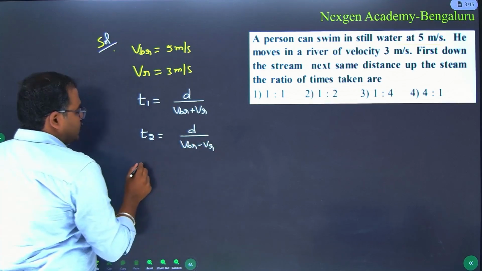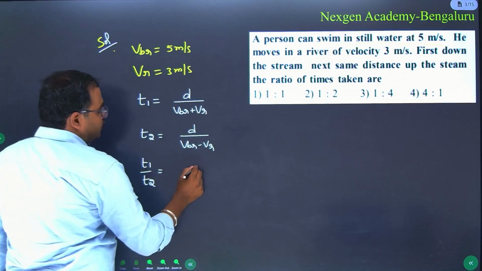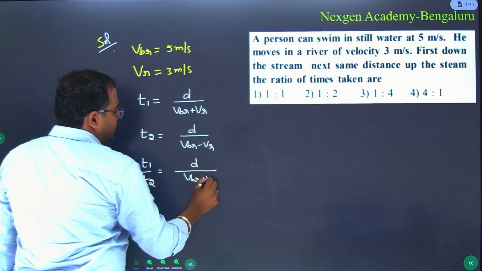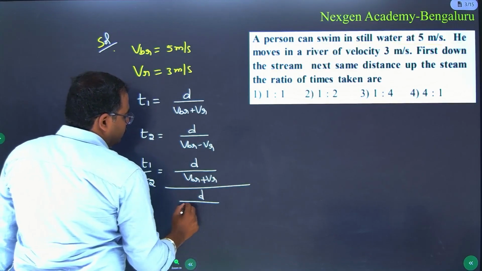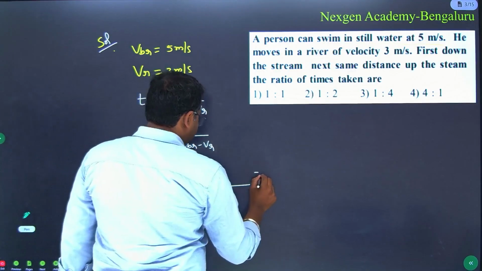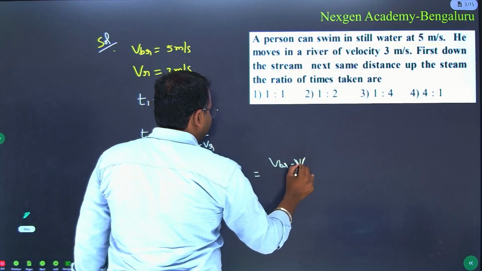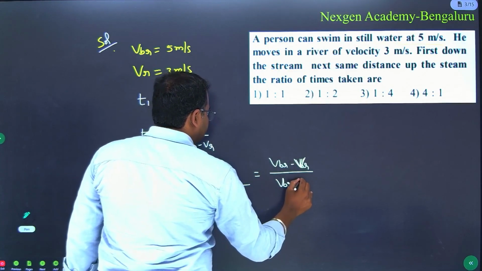Now the ratio T1 by T2 is equal to D by VBR plus VR all divided by D by VBR minus VR, or we can write this directly as VBR minus VR by VBR plus VR.